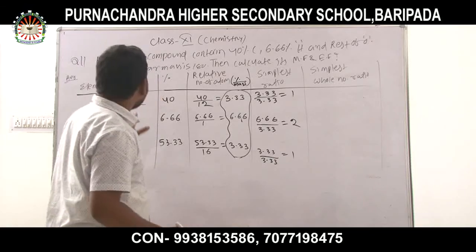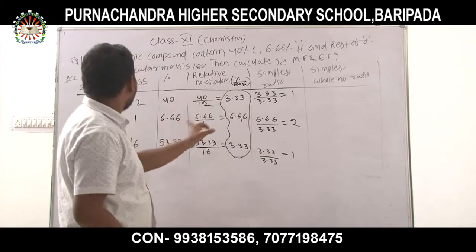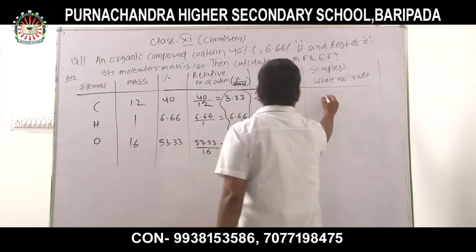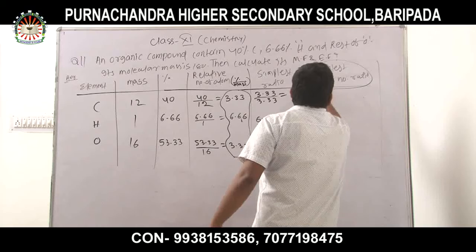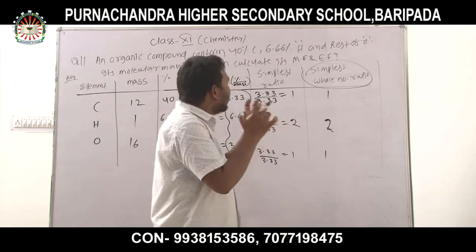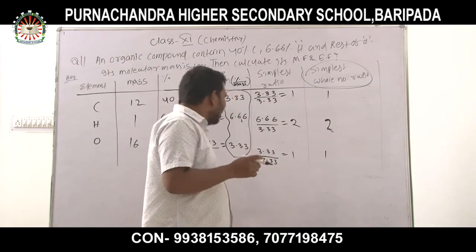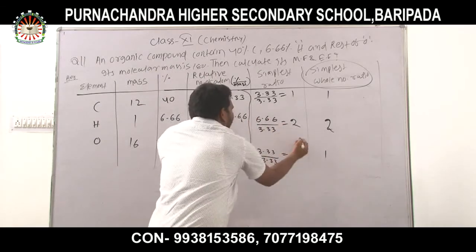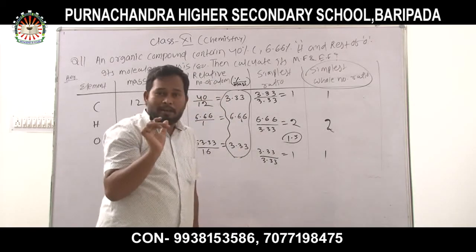Thus, in the simplest ratio we found carbon is 1, hydrogen is 2 and oxygen is 1. So the simplest whole number ratio is 1 to 2 to 1. A question arises: what is the simplest whole number ratio? Suppose the simplest ratio comes out as 1.5, which is not a whole number.